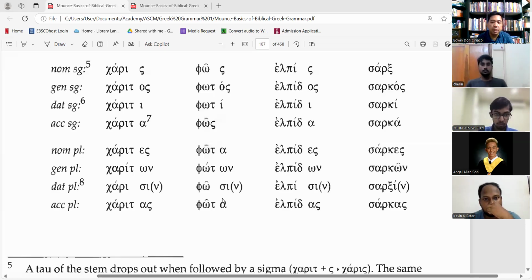Notice that sometimes the nominative plural and the accusative plural are the same. Since this is a neuter, the nominative singular and accusative singular are the same, and the nominative plural and accusative plural are also the same. Okay? Because this is a neuter, and light, of course, has no gender.